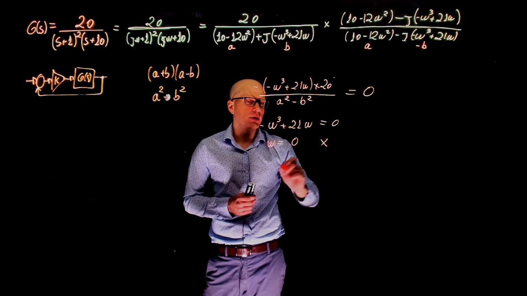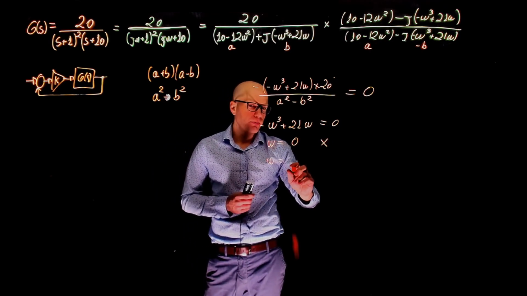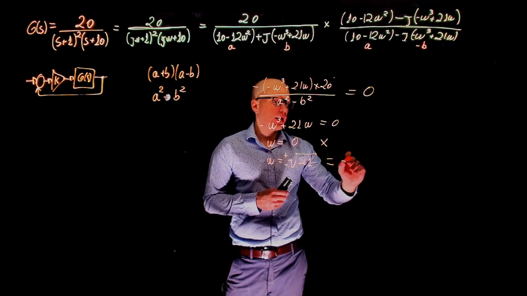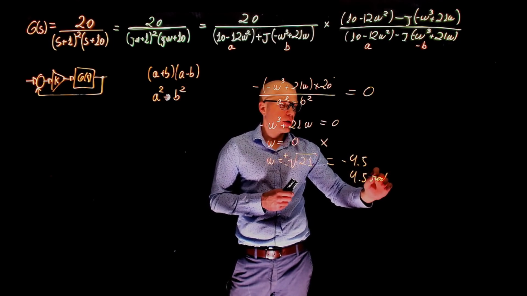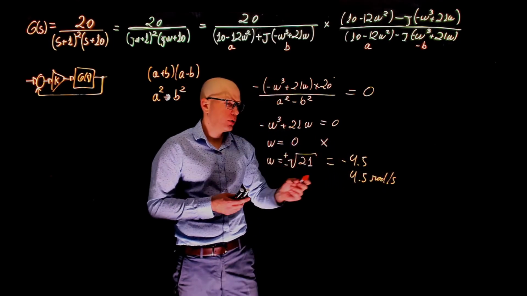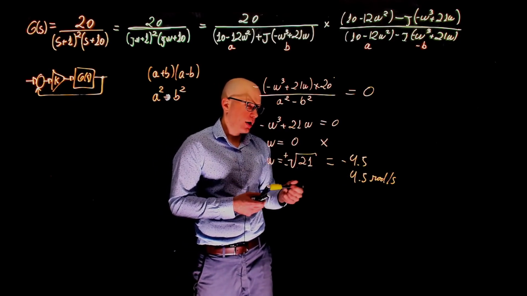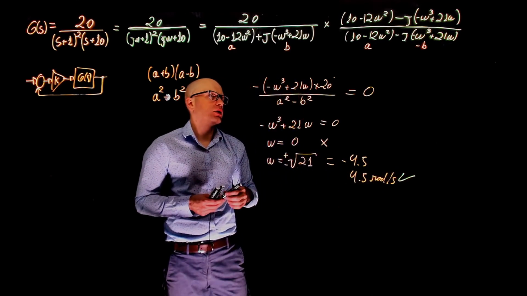This is not a valid frequency. The other one is omega equals square root of 21, and this is negative 4.5 and plus 4.5 radians per second. 0 is not a valid frequency, negative 4.5 either. So the solution here is 4.5 radians per second.